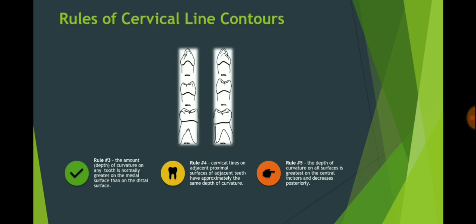Also, rule number three, the amount or depth of the curvature on any tooth is normally greater on the mesial surface than the distal. So the CEJ has more contour on the mesial than on the distal surface. Rule number four, the CEJ on each adjacent proximal surface, on adjacent teeth, has approximately the same depth of curvature.